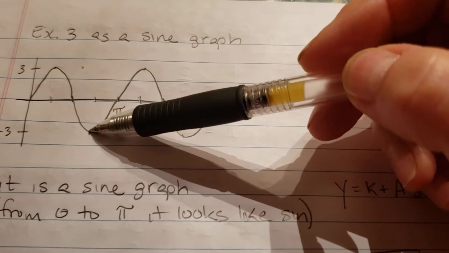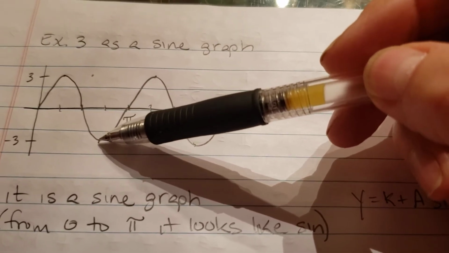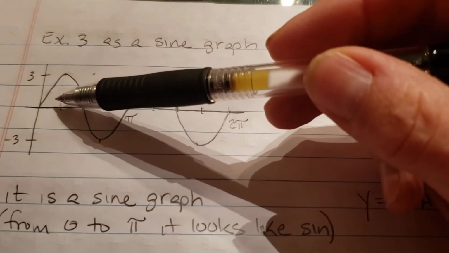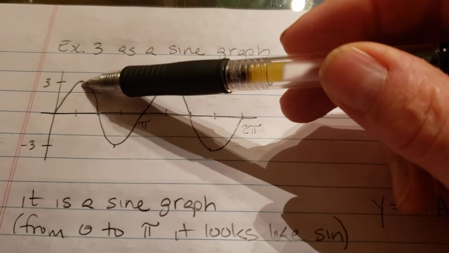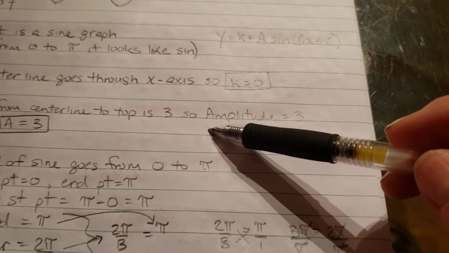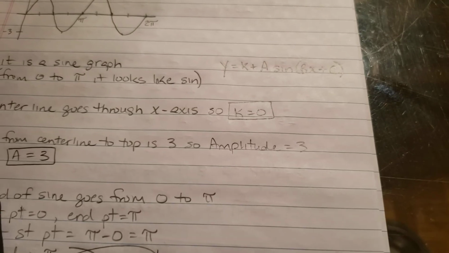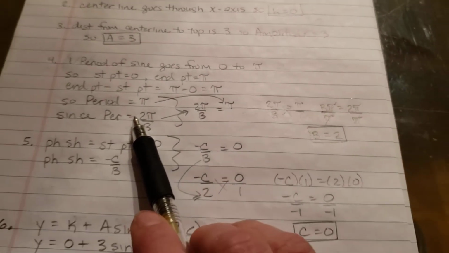The minimum value is -3. 3 minus -3 is 6, divided by 2 is 3. Or just looking at how far it is from the midline to the top, that's 3, so that's our amplitude. So the amplitude is 3, which means that a equals 3. Okay, so that was step 3.